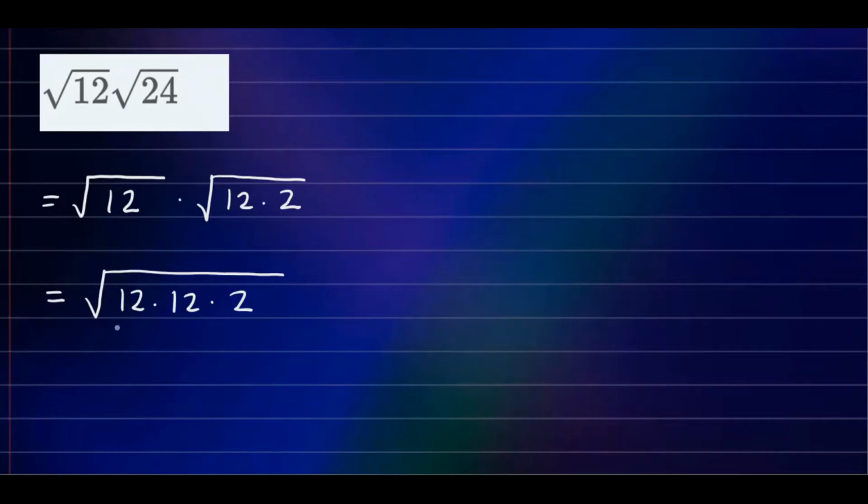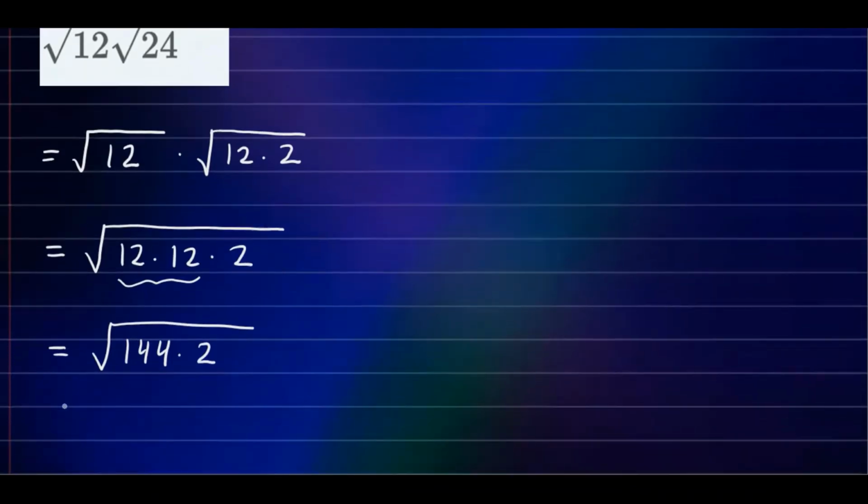Now you can multiply them. This will give you the square root of 144 times 2. You know that 144 is a perfect square, the perfect square of 12. So this can be written as 12 times the square root of 2, because the 2 will stay inside.